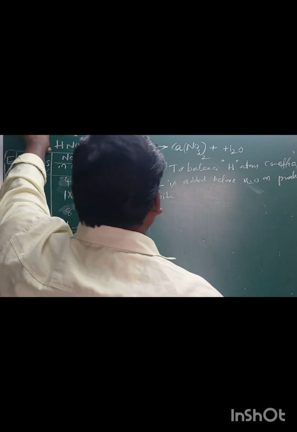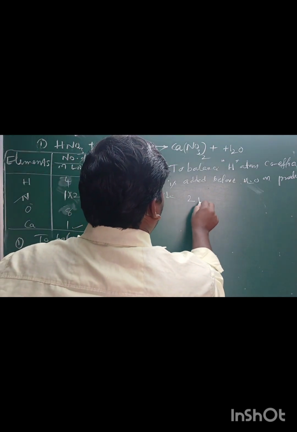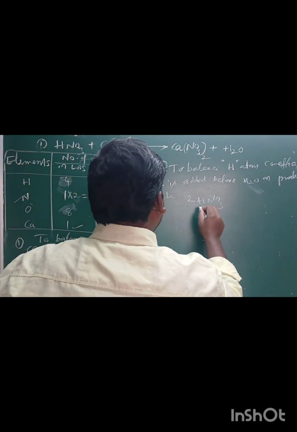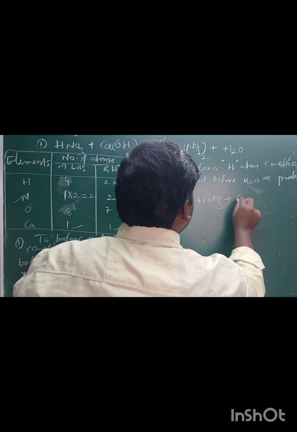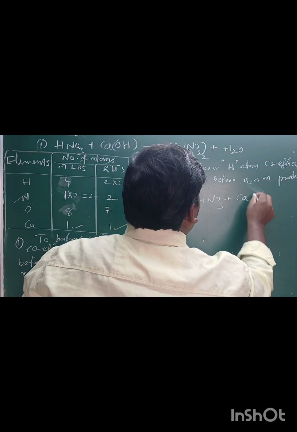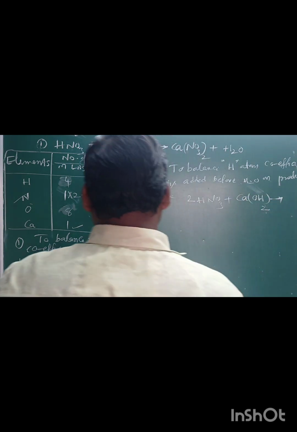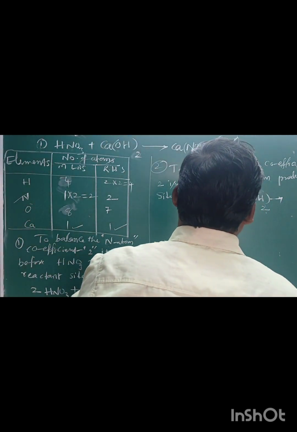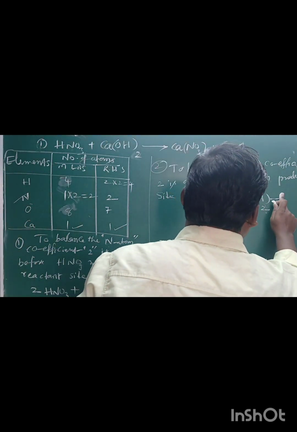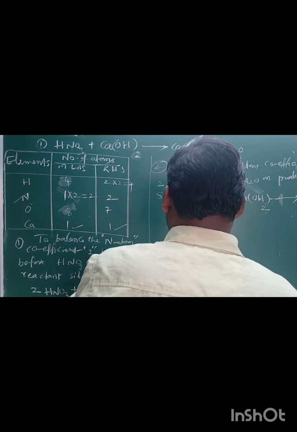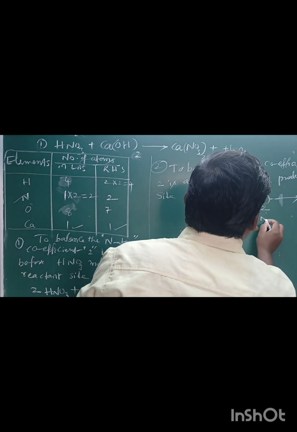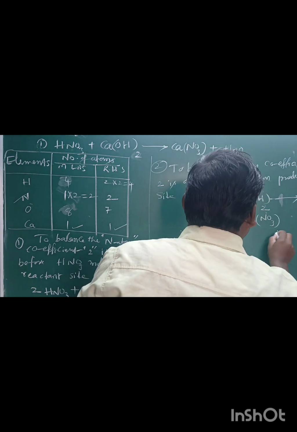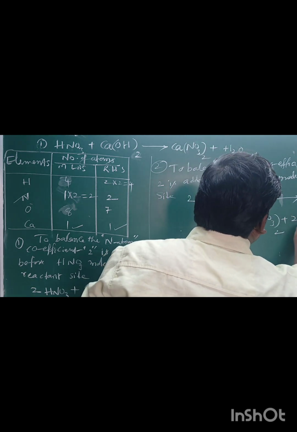Means here 2HNO3 plus Ca(OH) taken twice gives rise to Ca(NO3) taken twice plus 2H2O.